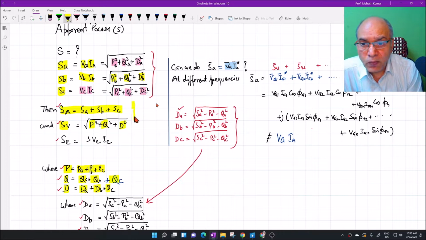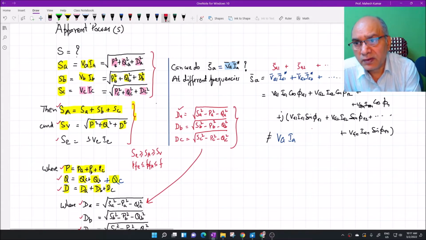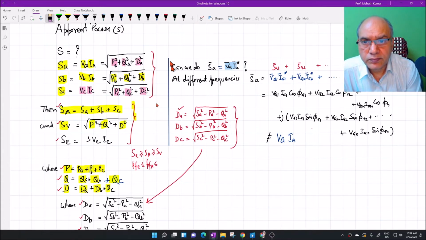So this property still holds true, that if you find out these values, you will find out that SE is greater than or equal to SA is greater than or equal to SB. And accordingly, the power factor E will be less than power factor A, will be less than power factor based on the vector apparent power, PFB.